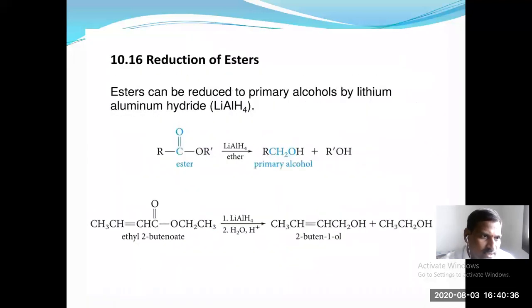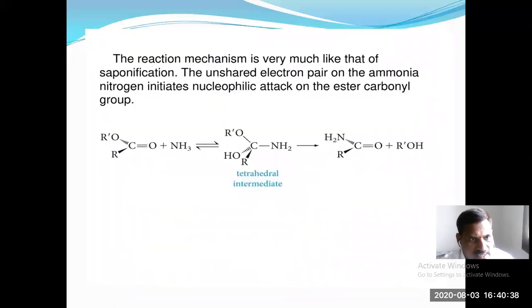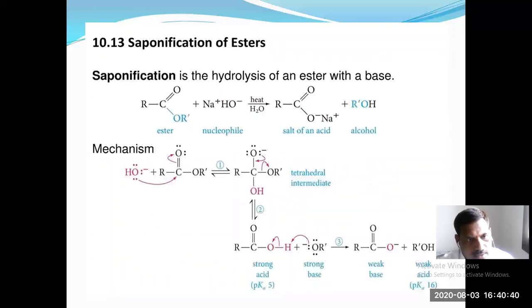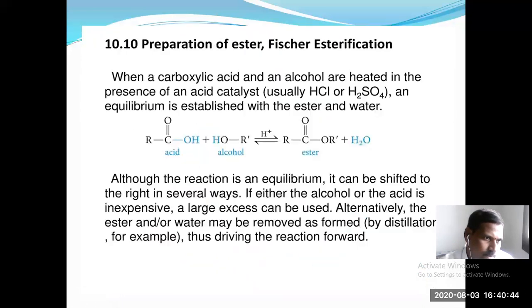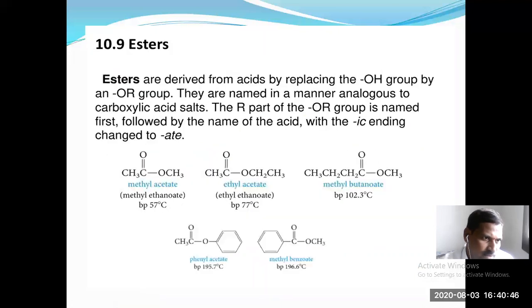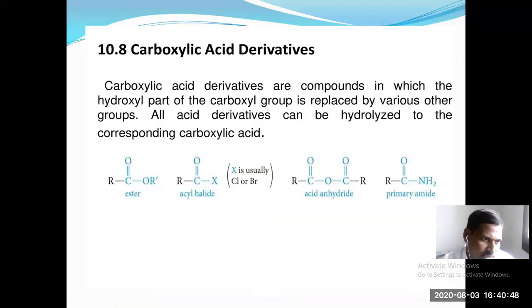So in today's class we discussed derivatives of carboxylic acids. One is the ester, another is acid chlorides, acid anhydrides, and amides. These are the carboxylic acid derivatives.